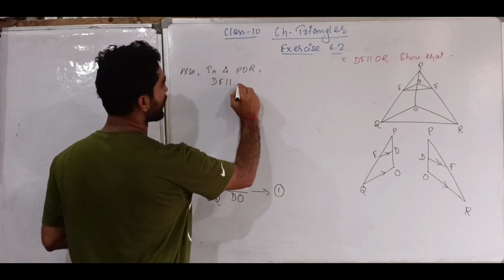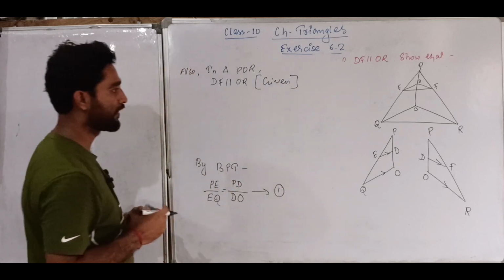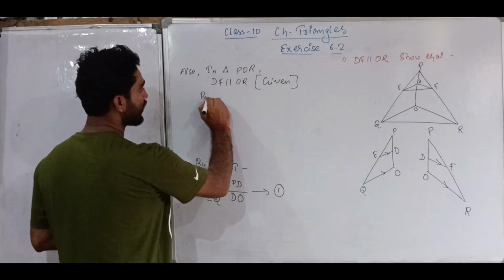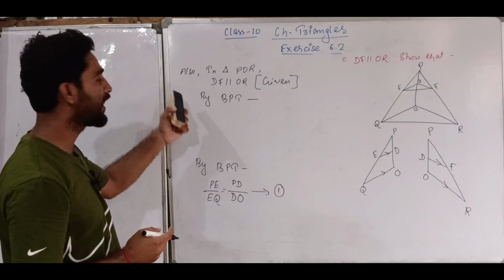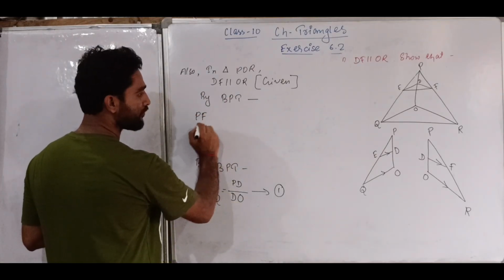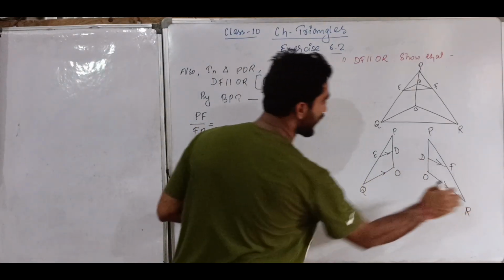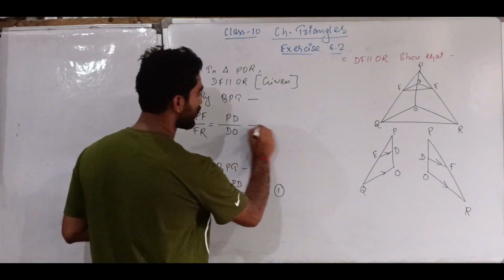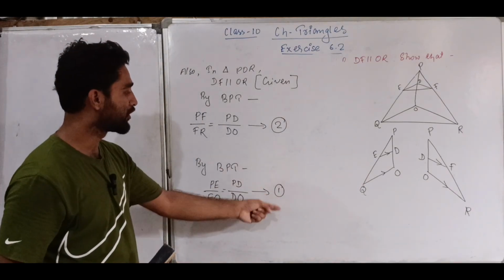DF is parallel to OR. One triangle is there, parallel lines are there. So what can we apply? We can apply the BPT. By applying BPT, we can write PF divided by FR is equal to PD divided by DO. Equation number 2.